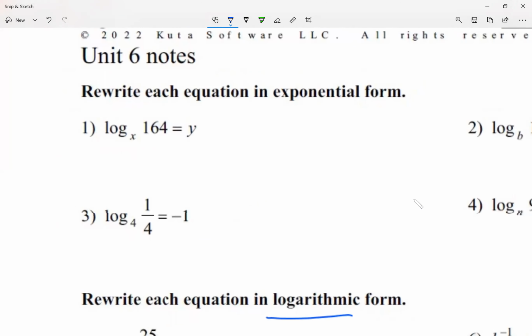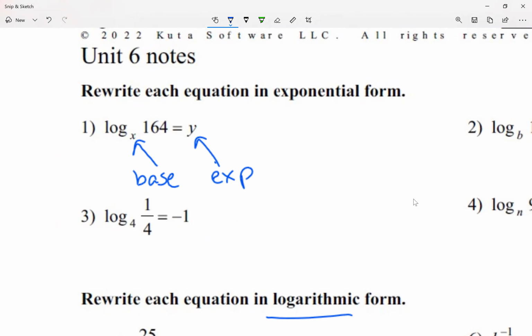Now, let me break this thing down. This number by itself will always be the exponent. Again, logarithms are used to solve for the exponent. And this little thing right here, we're going to call the base. In this case, it's base x, and my exponent is y.